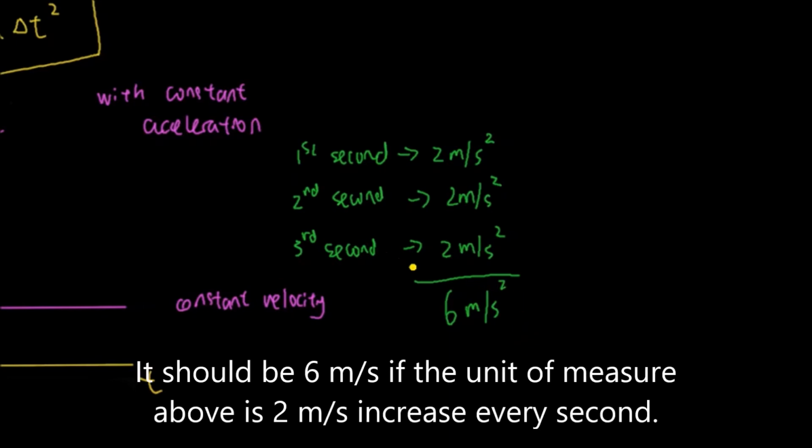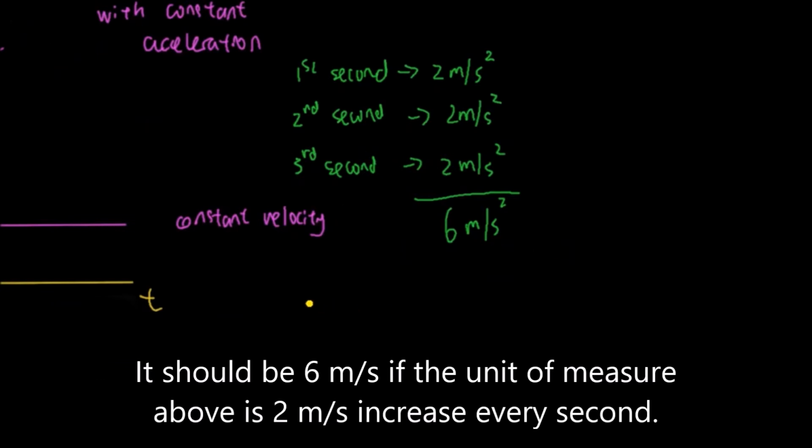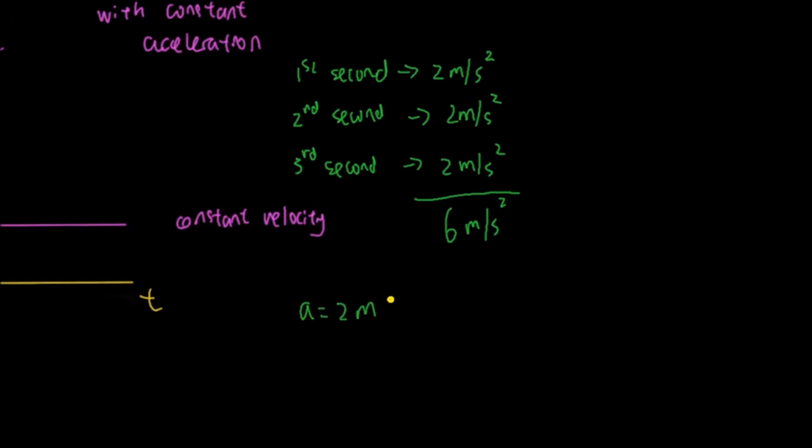Now you have 3 seconds here. Your acceleration is 2 meters per second squared, and the time is 3 seconds. Then, how do you get 6? It's 2 times 3, which is 6.